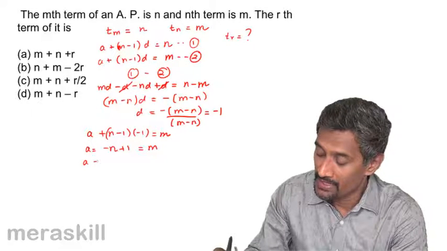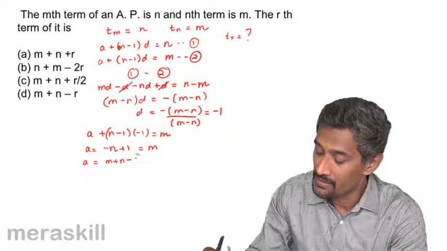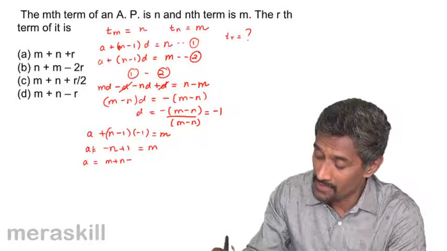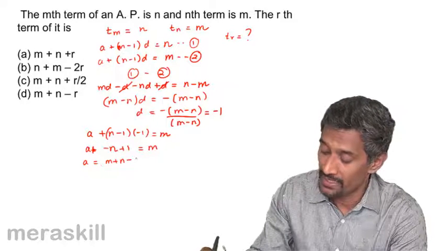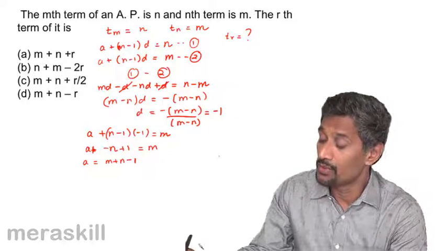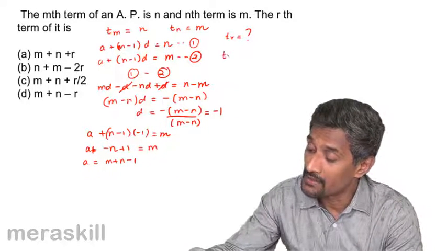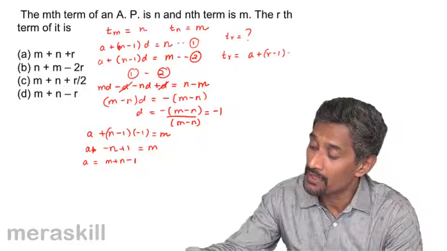So minus n plus 1 is m. So a is equal to m plus n minus 1. Now you need to find out what is Tr. Tr is nothing but a plus r minus 1 into d.